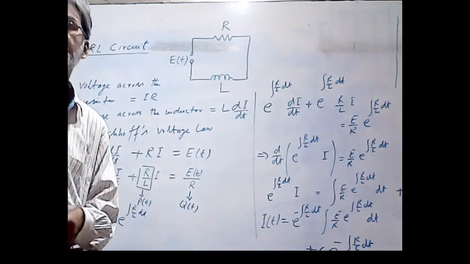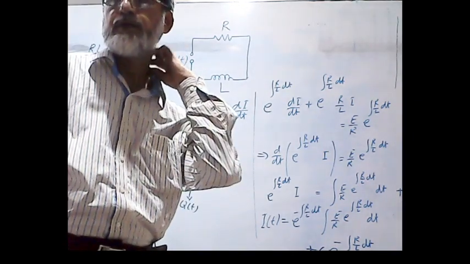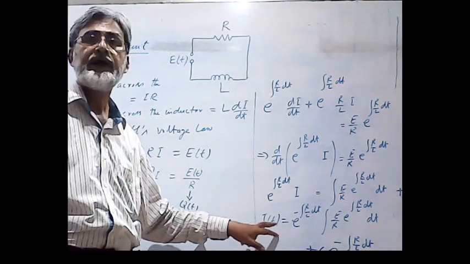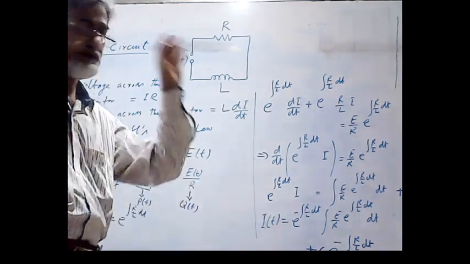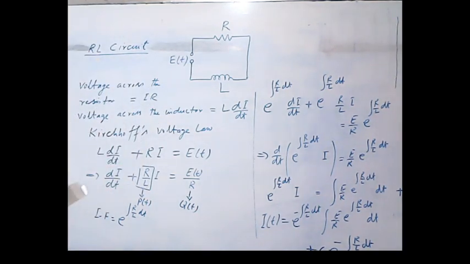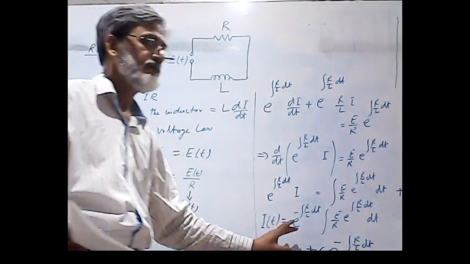So you can easily find the quantity of current at any time t. So this is the general solution, the formation of the model, then the general solution.